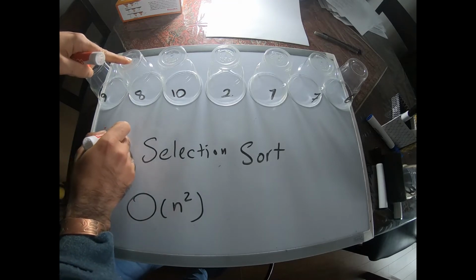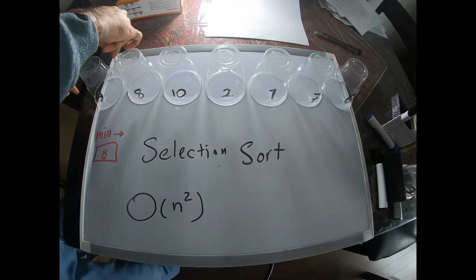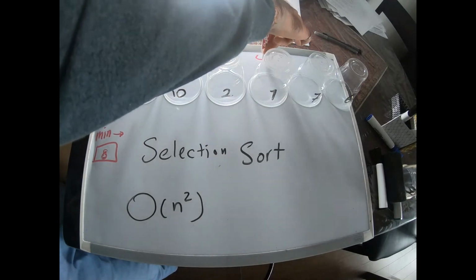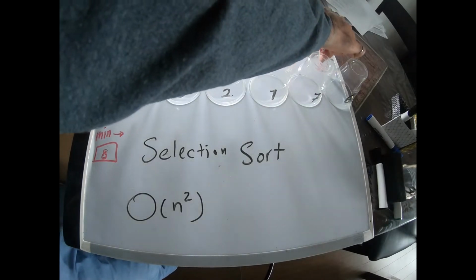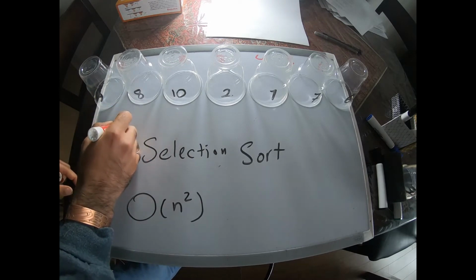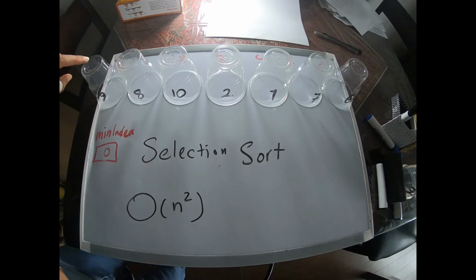I also keep the index of this, so I should actually write down the indices 0, 1, 2, 3, 4, 5, 6. Let me call this one minimum index. Initially the minimum index is 0. We assume that we select this one to be the minimum, right?